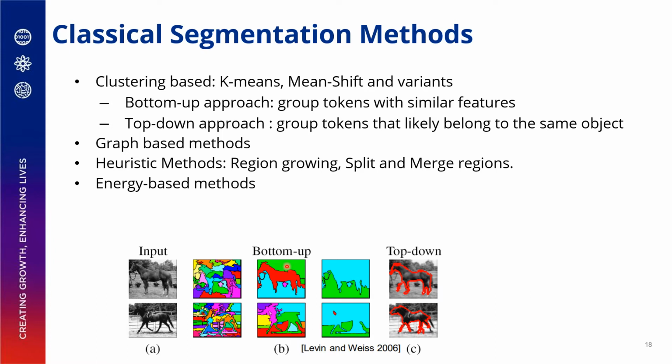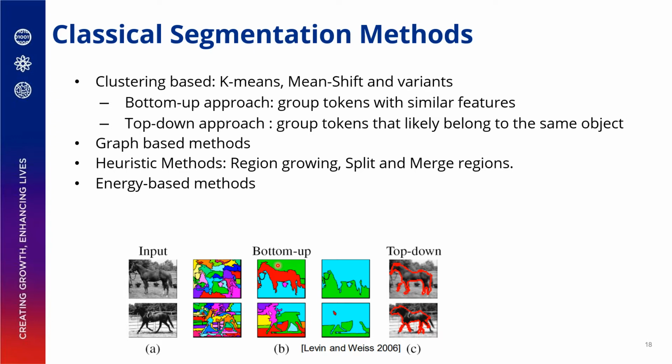You assign that pixel to that particular cluster, and then you compute these distances again. For each pixel, you look at which cluster it belongs to as the closest distance, and then you reassign it to that cluster. You keep iterating until there are no more changes left. So that's how k-means works.